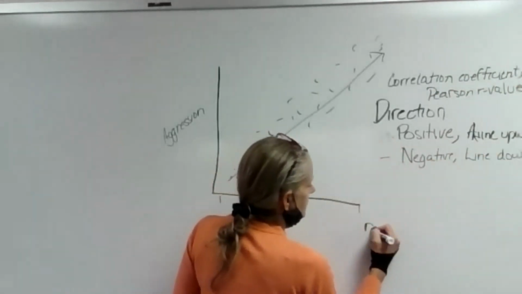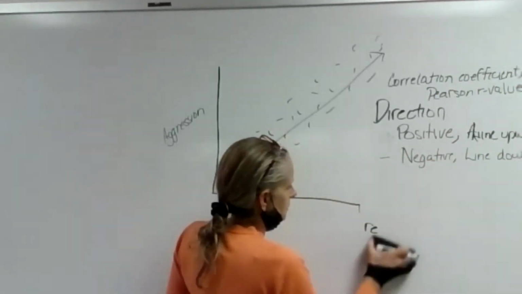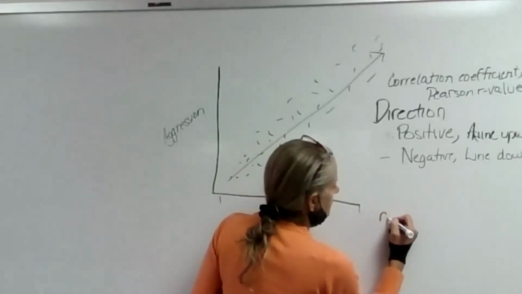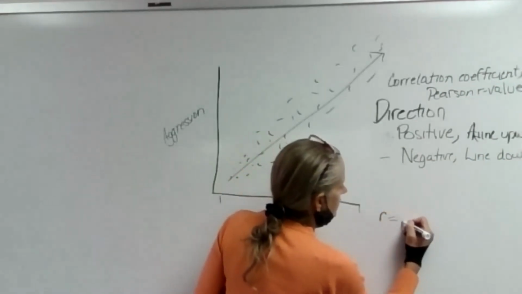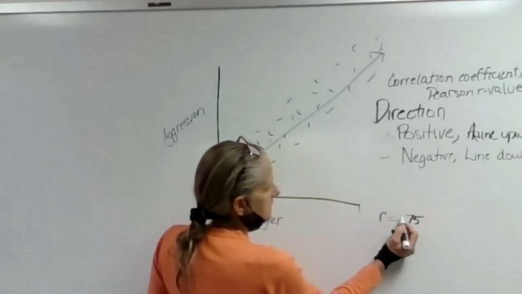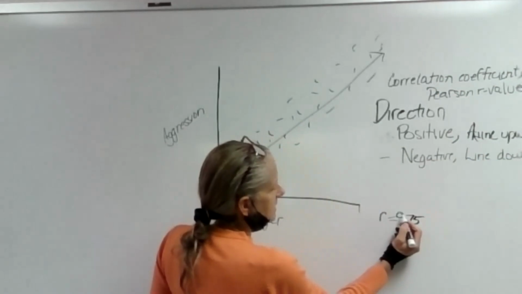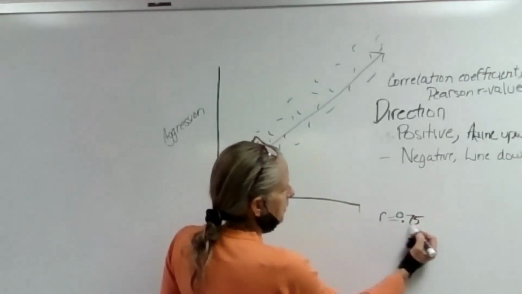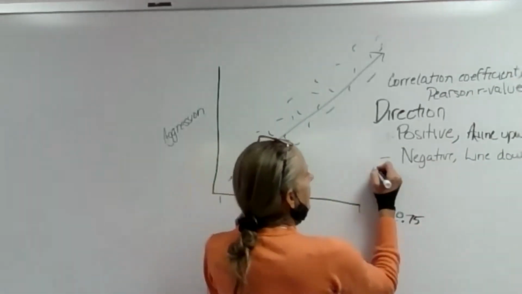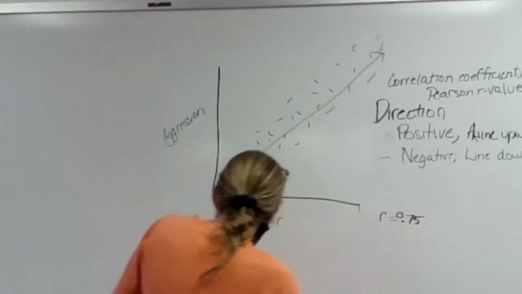We're going to go through some examples, so this will all make sense to you shortly, so don't get any kind of frustration at this time. It might be something like R equals 0.75. In this case, we don't see a sign. The sign would be right here. It's not there. So this is a positive relationship. And it's pretty strong. And how do we know the strength of the relationship?